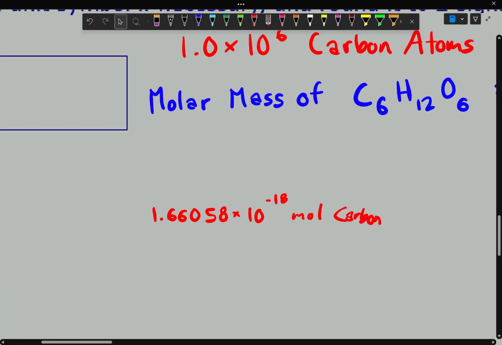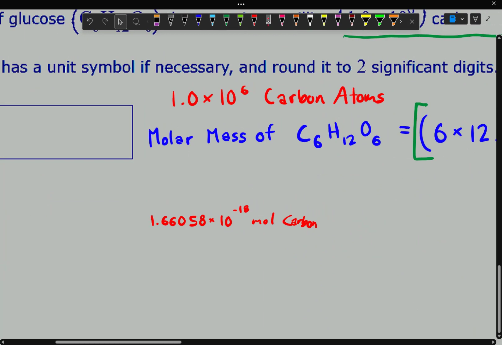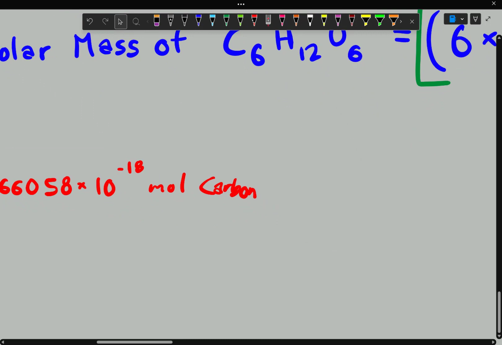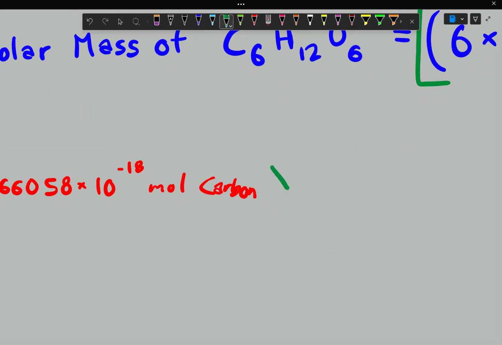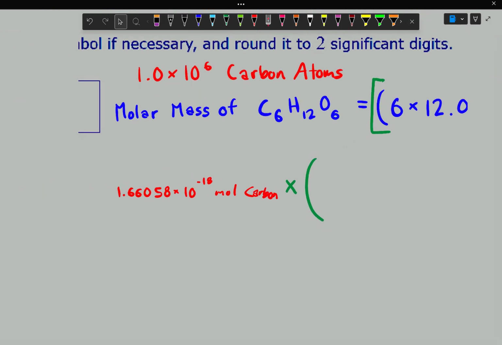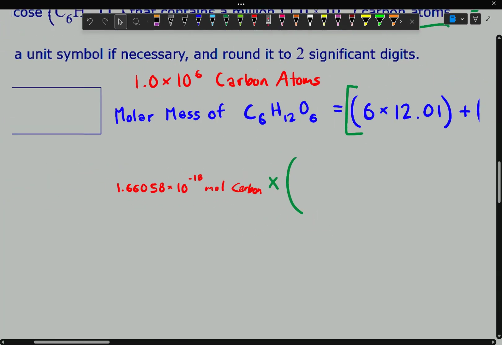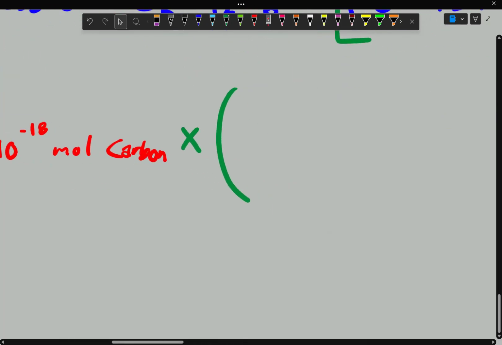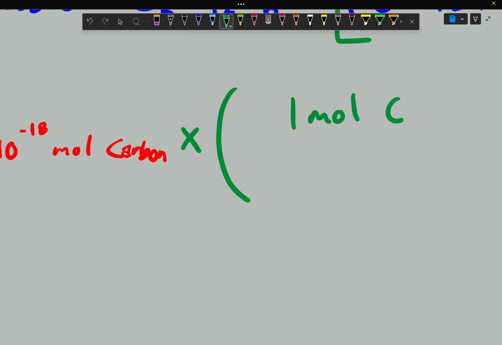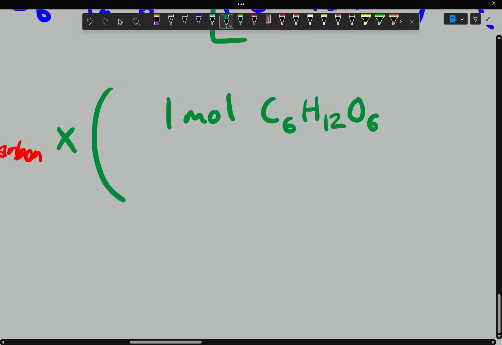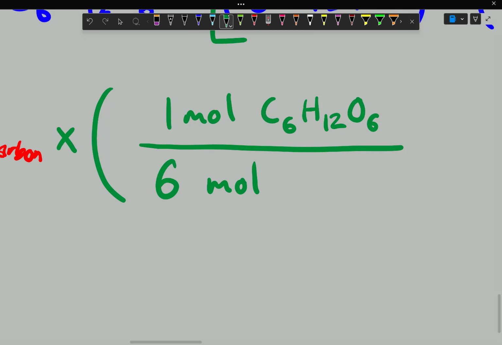So, as we did before, we can write that out as a fraction. We can multiply our moles of carbon times that fraction that we just found. So for every 1 mole of C6H12O6, we have 6 moles of carbon.